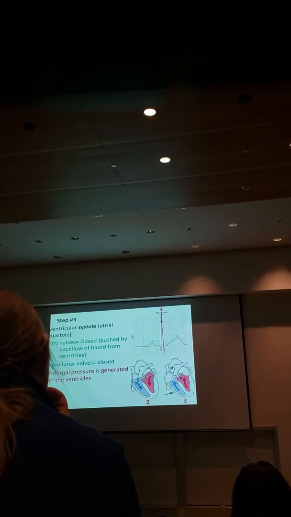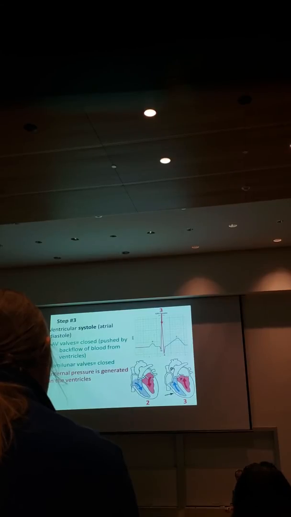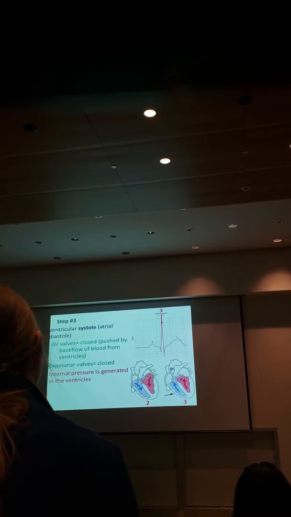But here's something really strange. The ventricles are contracting, right? They're creating pressure. I even put the letter P for pressure. Let's talk about the left side. Again, the same thing goes for the right side. The semilunar valves are still closed. I'm pushing those doors. The direction of those is toward the aorta or the pulmonary trunk, depending on which side.